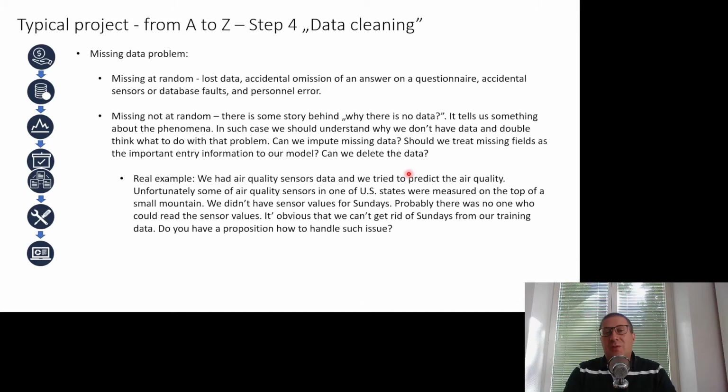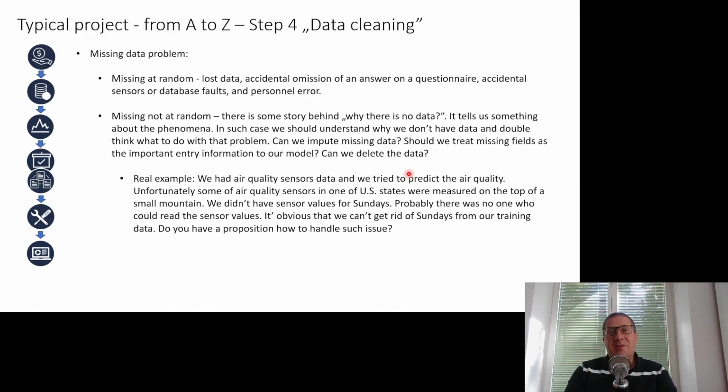Well, for example, we can use the data from other stations that are nearby, and based on the history of air quality values measured on top of the small hill from Monday to Saturday, we can try to estimate the value for Sunday, right?